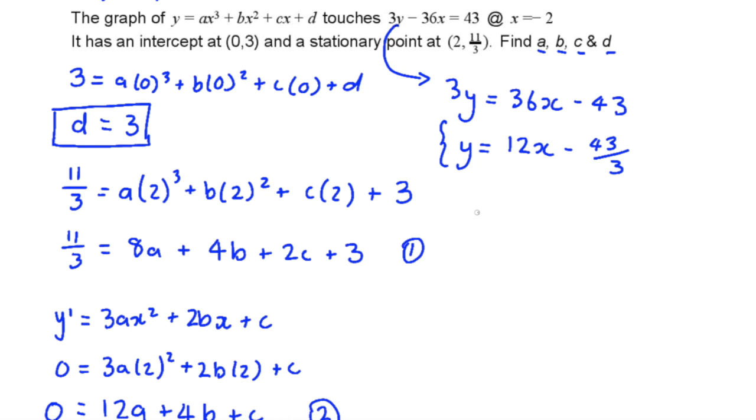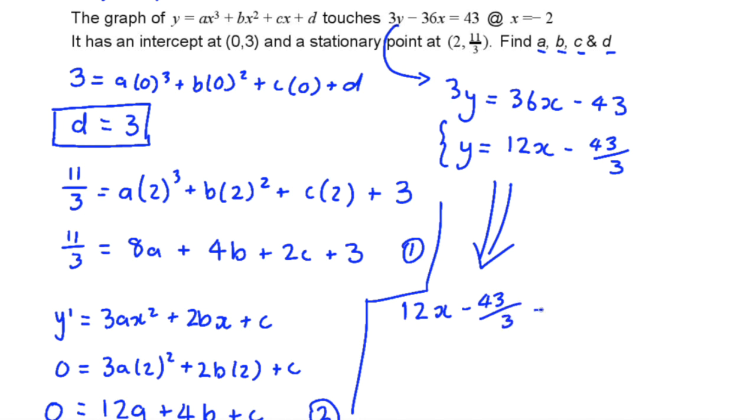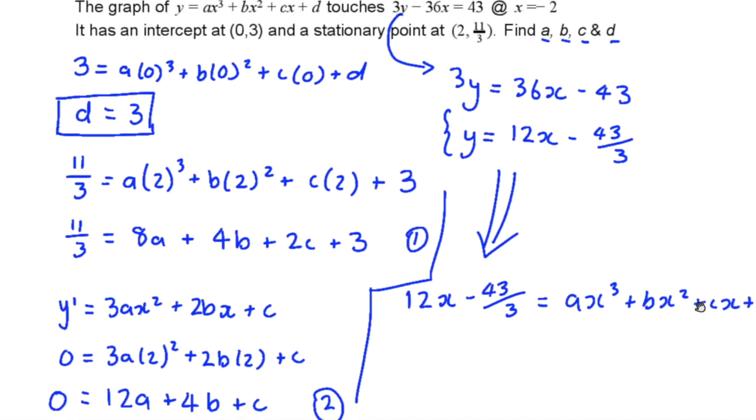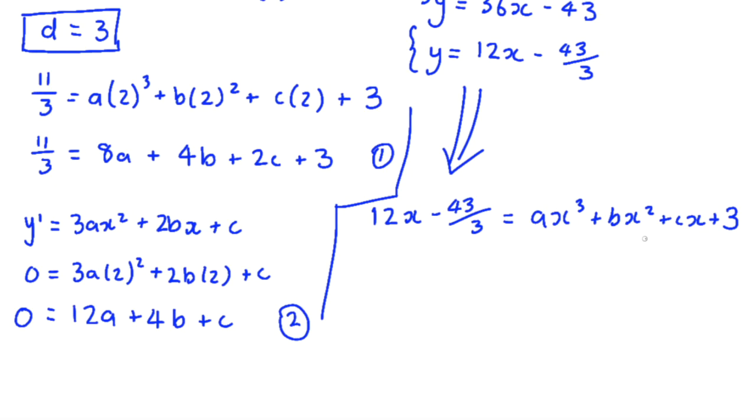So we can say x plus 43 on 3 is equal to our original graph, ax cubed plus bx squared plus cx plus d, and we know d is 3. We also know these are equal when x equals negative 2, so we can substitute in negative 2 wherever we see an x.